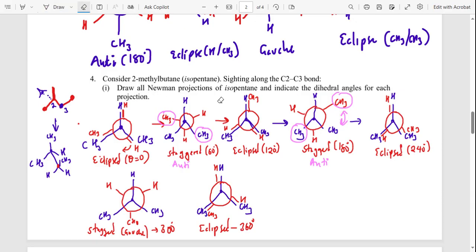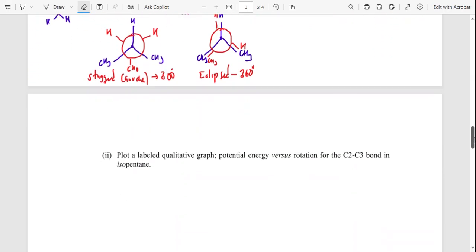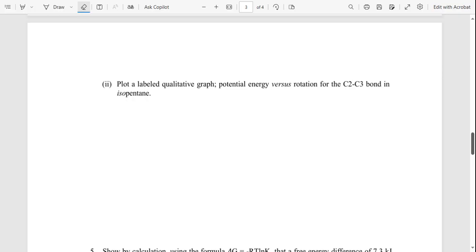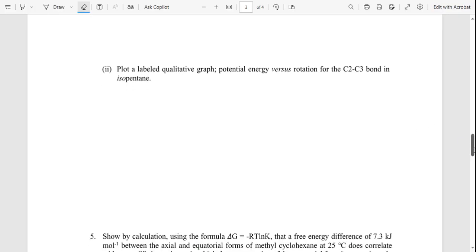So draw all Newman projections of isopentane and indicate the dihedral angles for each. So we have just done that. Okay. The next question is saying plot a labeled qualitative graph of potential energy versus rotation for the C2-C3 bond in isopentane.